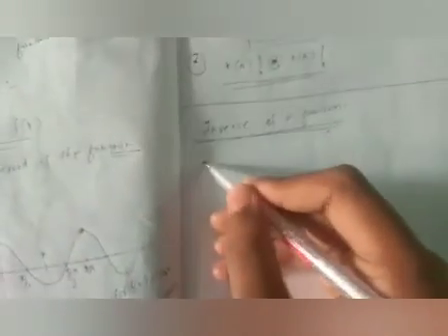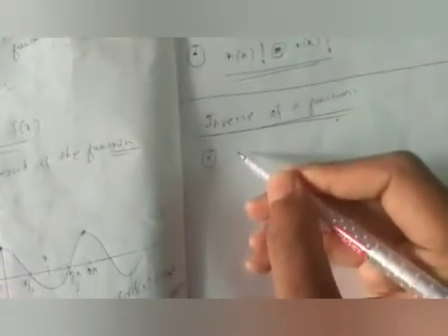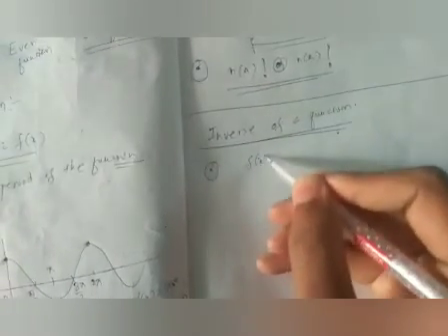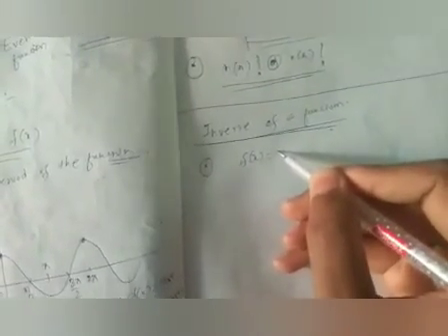The first step is to let f of x equal y, then x equals f inverse of y, and we should try to get x from the given equation.